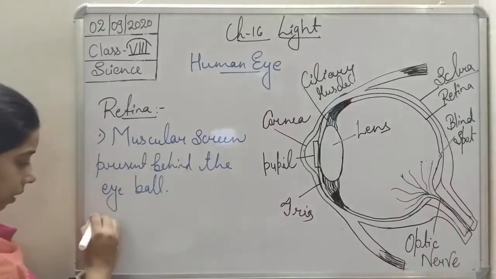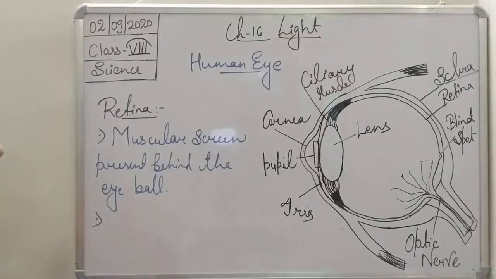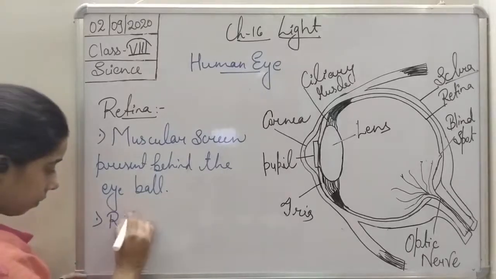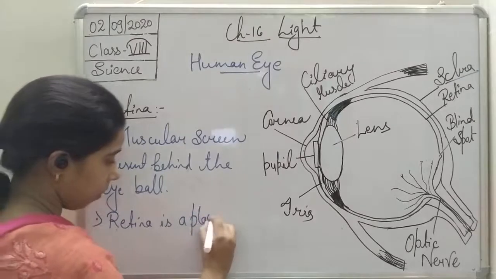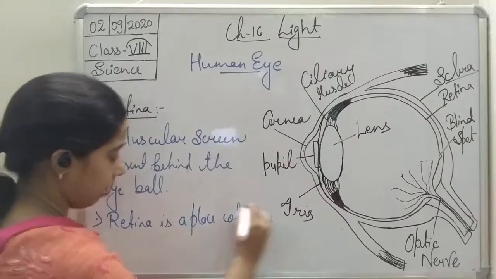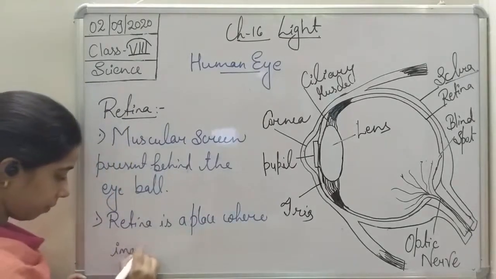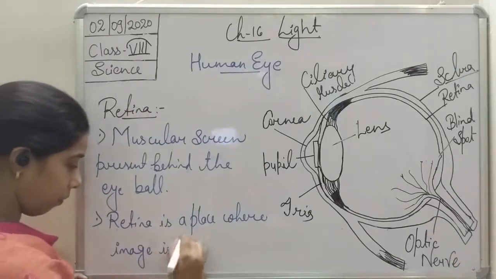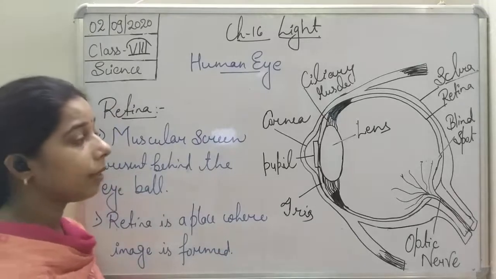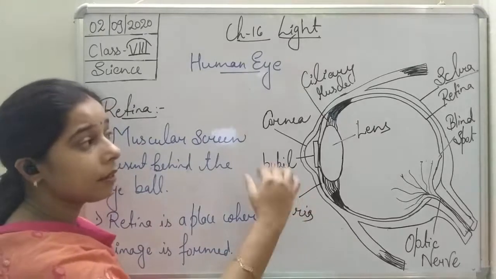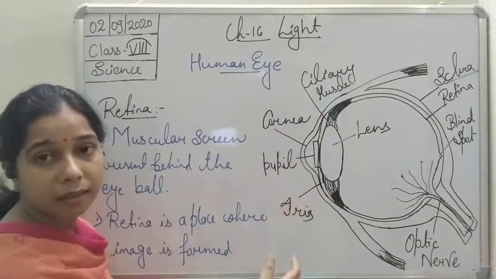Then the second one is that the retina is a place where the image is formed. Okay, so light, when it enters the lens, from the lens the image formation occurs at the retina.